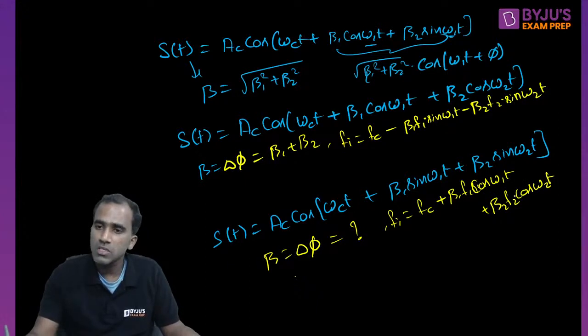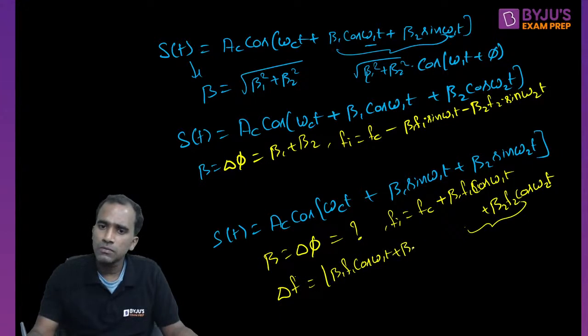So when two cos terms are there, it's easy to figure out the maximum magnitude. This is the term responsible for frequency deviation. It is easy to figure out the frequency deviation when two sine terms are there in the phase. So maximum frequency deviation is the maximum magnitude of beta 1 f1 cos omega 1t plus beta 2 f2 cos omega 2t.